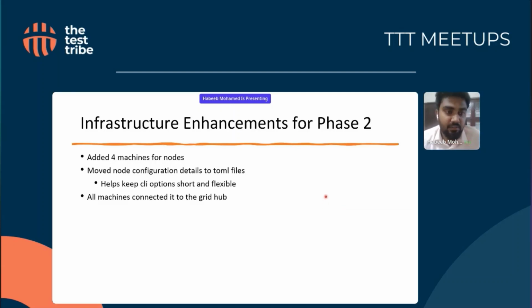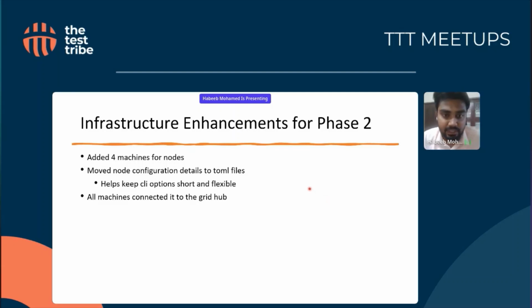This time, instead of one node, we added four machines as nodes, and we moved our configuration details to TOML files. TOML files are nothing but a simple configuration file with simplified syntax, easy to read. Selenium Grid comes with that capability to configure the information about the nodes, browser sessions, etc. Why?